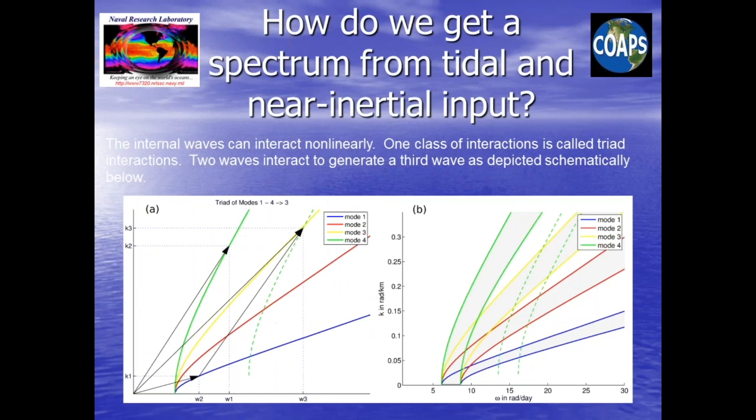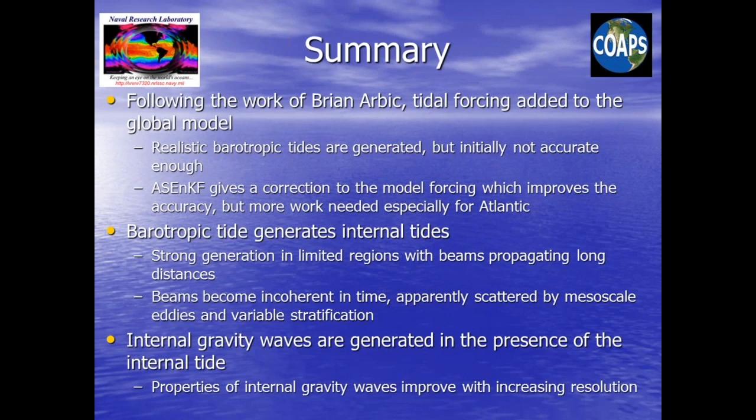So now we actually have, in a global model, a prediction of the barotropic tide and a prediction of the ocean circulation simultaneously. That barotropic tide is generating internal tides, and the interactions of the internal tides with other motions are in fact generating internal gravity waves.